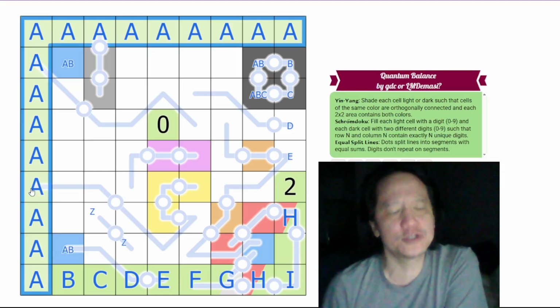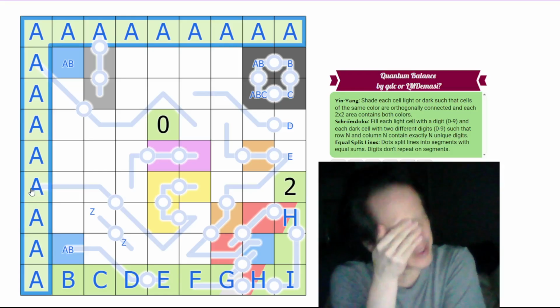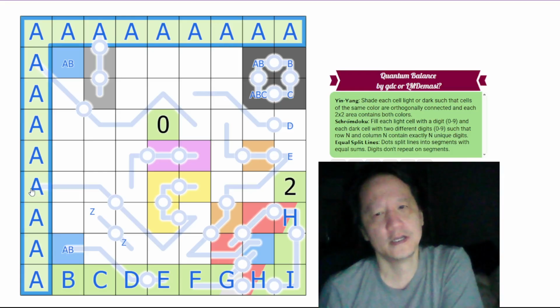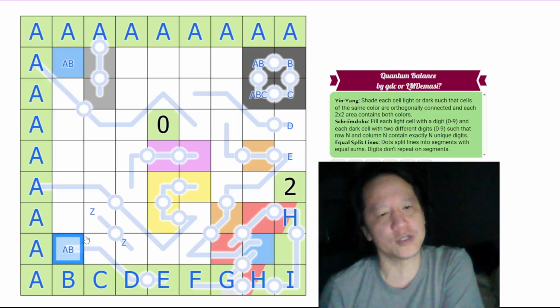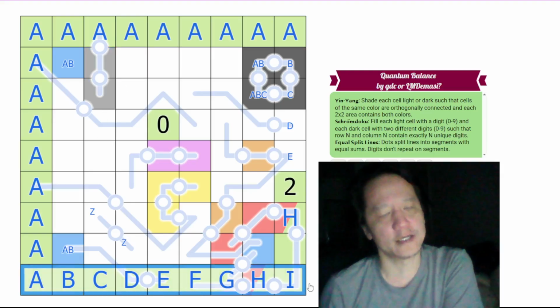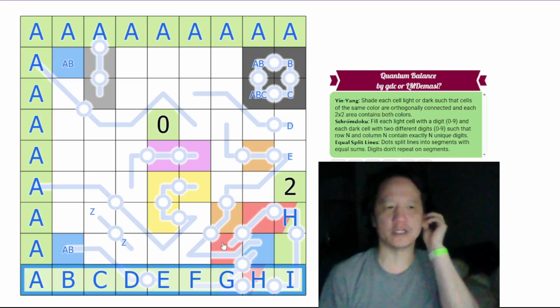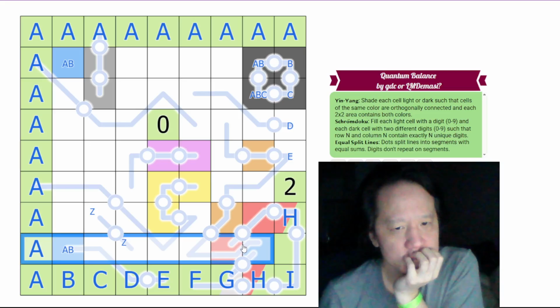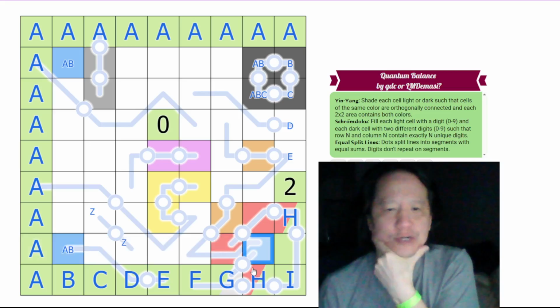It's similar to a different type of puzzle, but not completely like this. It had basically that you had certain unique digits, but you didn't have Schrödinger cells here. It was just basically you had to have a certain number of unique digits in each row and column. So I did run into that.